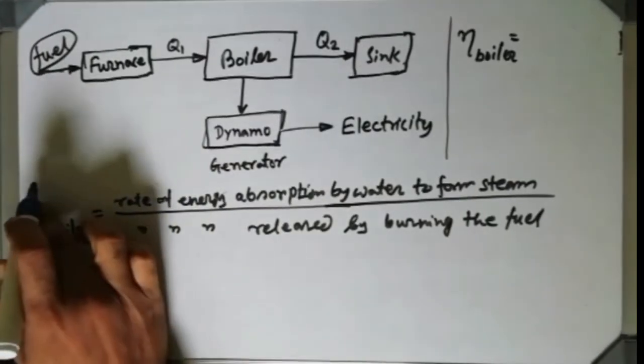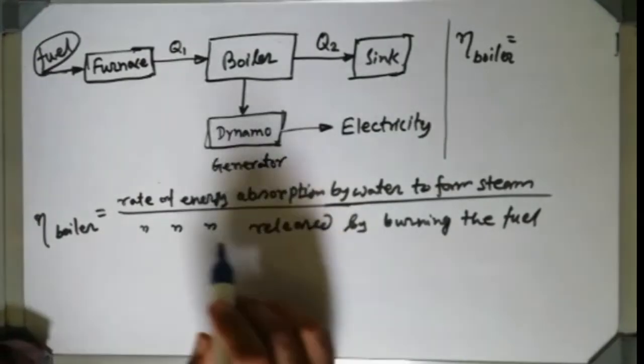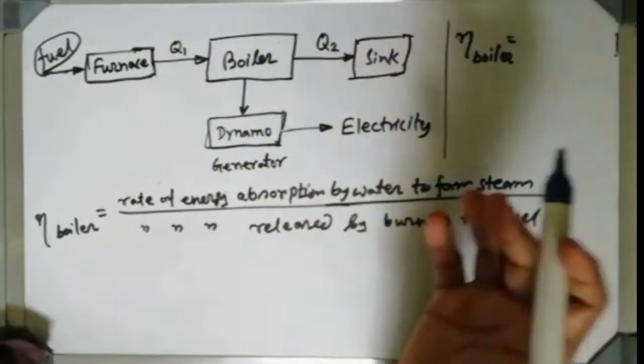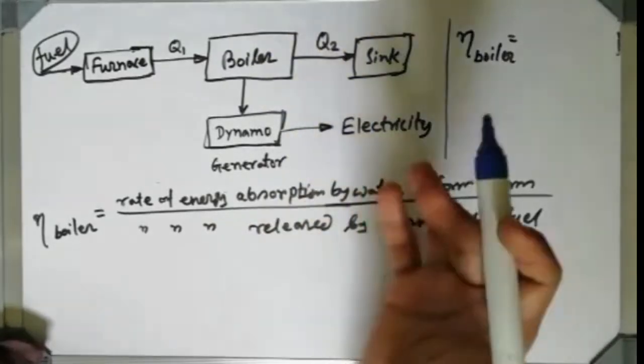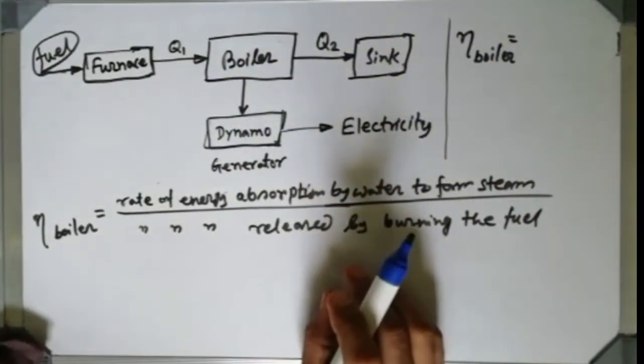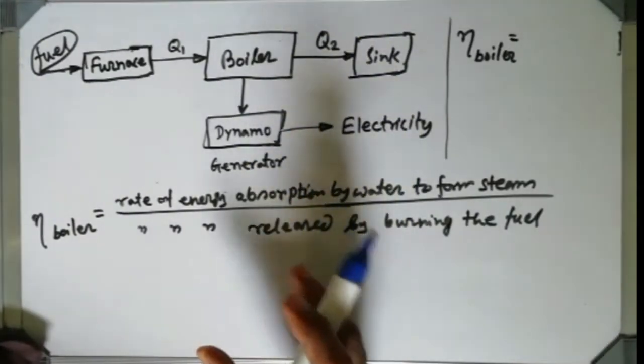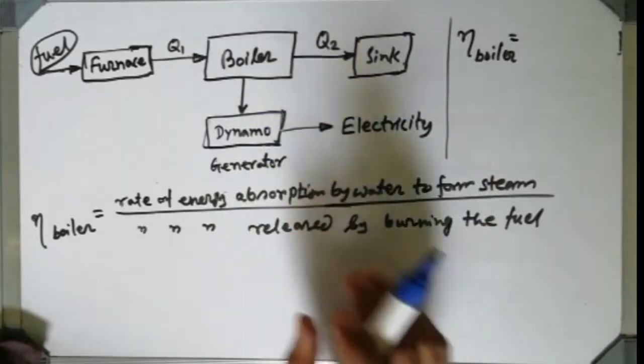Because we all know that efficiency is nothing but output to input. So what output is actually utilized, what amount of energy is actually being utilized to convert the water into steam, and with respect to the input means what energy is liberated from the burning of fuel.